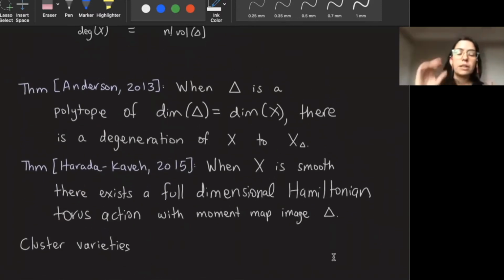And well, I will touch a little bit into this, but there have been applications to cluster varieties. One of my favorites is by Connie Rich and Lauren Williams, who use cluster varieties to construct Newton-Okounkov bodies for Grassmannians.